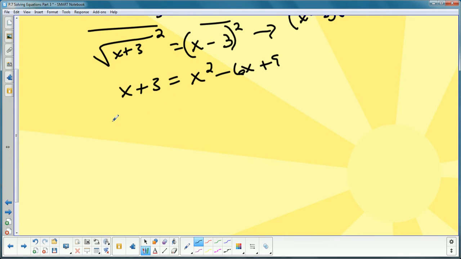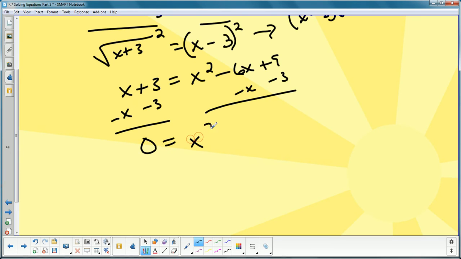Now just like quadratic equations from last section, we need to solve for 0. So I'm going to get rid of everything on this side. So I have 0, and then this is going to end up as x squared minus 7x plus 6. You could do the quadratic formula.